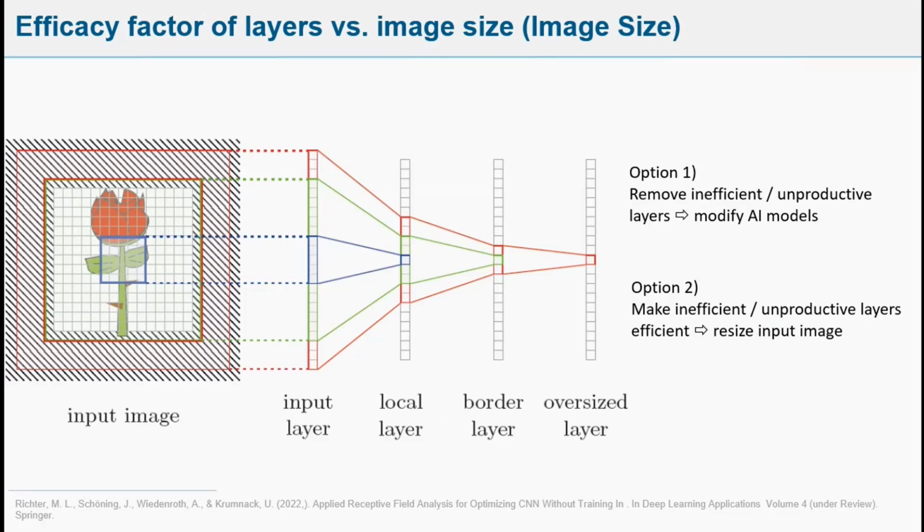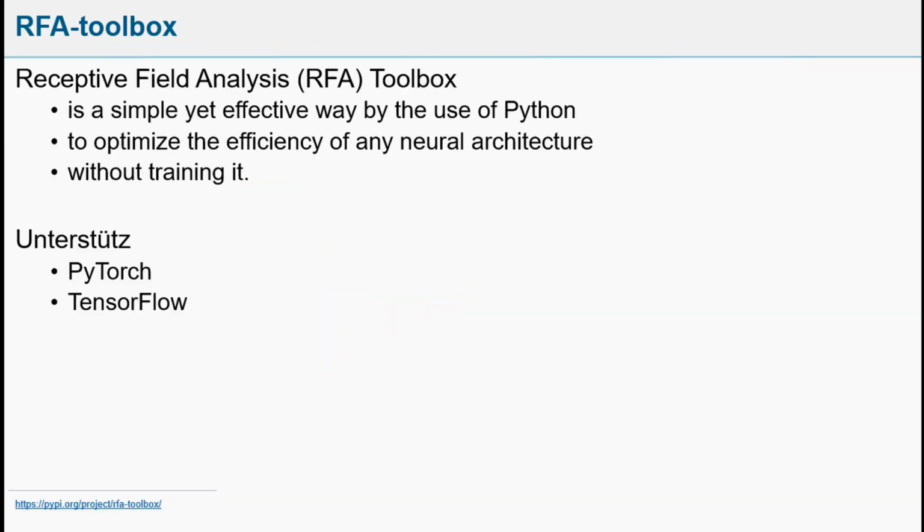And with this information we can, in option 1, remove inefficient layers, or we can make unproductive layers efficient again, for example, by increasing the image size. We programmed a toolbox for this.